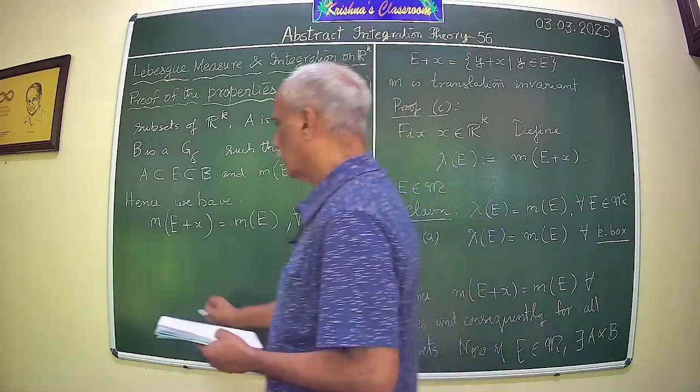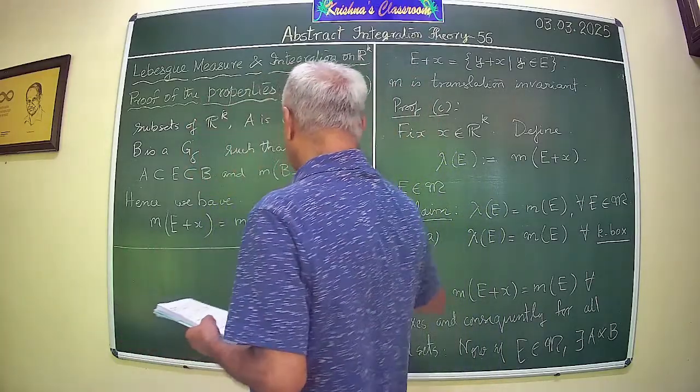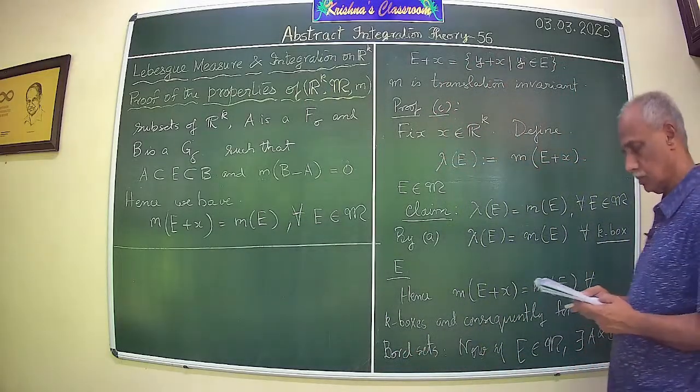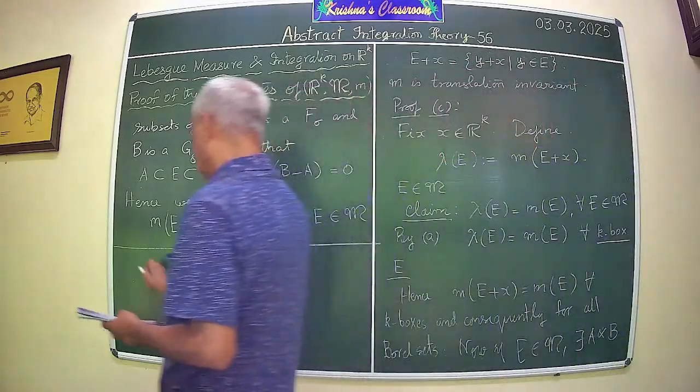Okay, that means M is translation invariant. What next? So D will go.